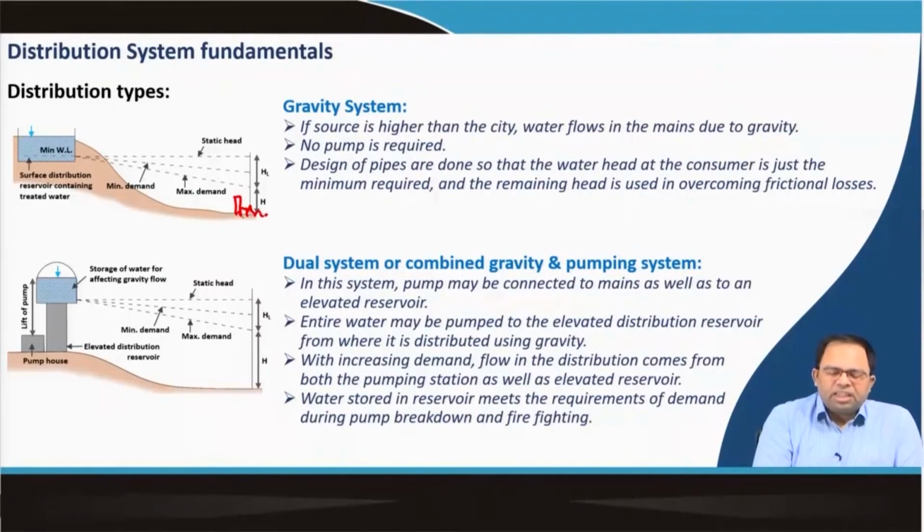The pressure required at this point where the supply has to be done is such that the pipes are designed so that the water head at the consumer is just the minimum required, and the remaining head is used to overcome the frictional losses in the pipeline. So at the end we require some amount of pressure in the pipeline. Why? Because we want the water to go up to a certain height.